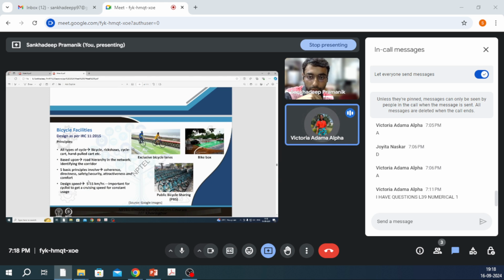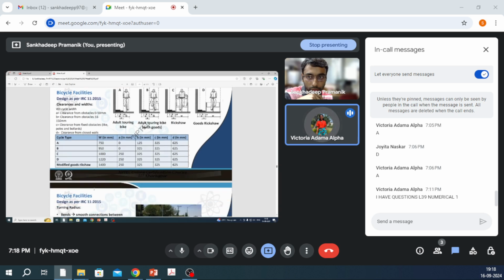This one, yes. Read them. They are saying that the design speed is between 5 to 15 kilometers, important for cyclists to get a cruising speed for a constant. That was the first place this word was mentioned.